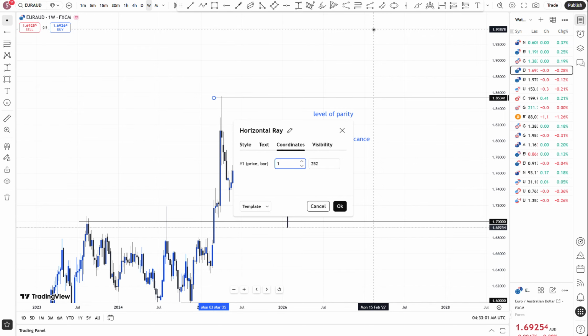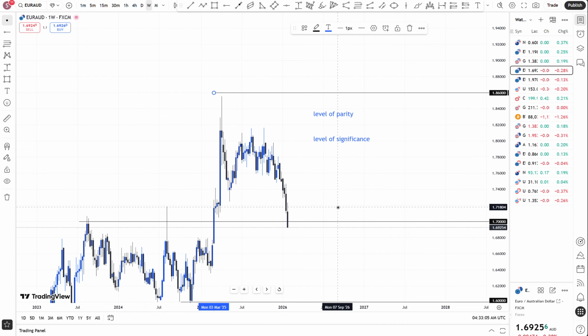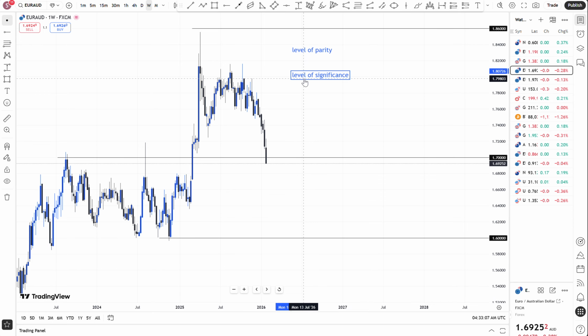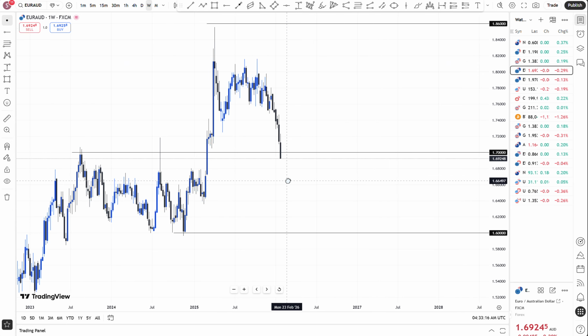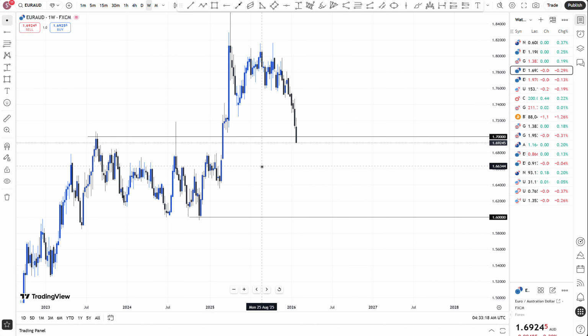Now it's as simple as that. We've dealt with the level of significance, and we are done with the level of parity. So this is how to plot the psychological levels. You can see that when the market got to this region, it reacted.